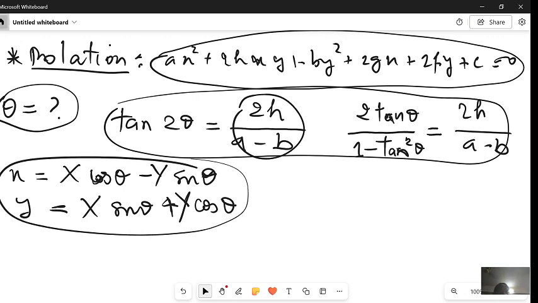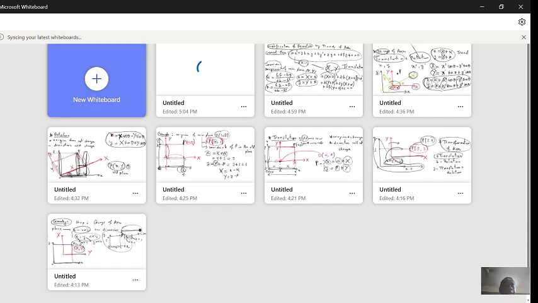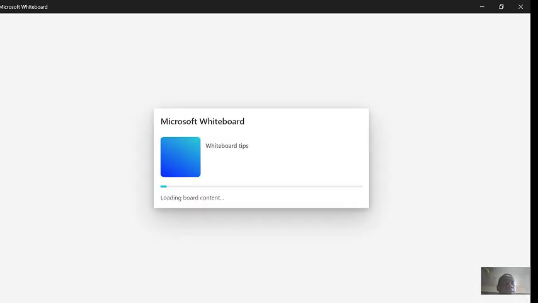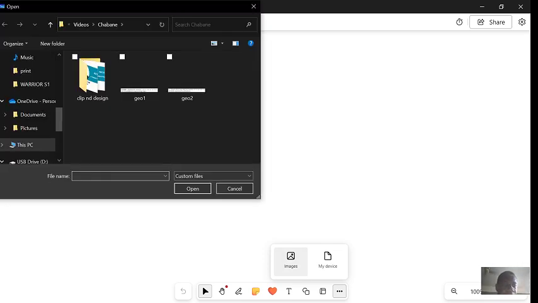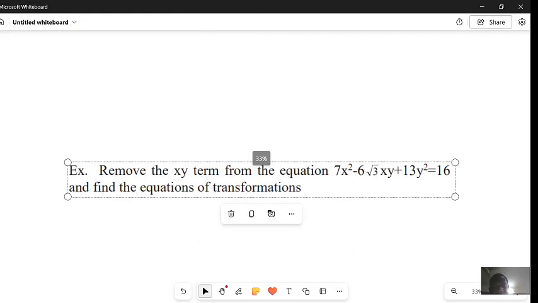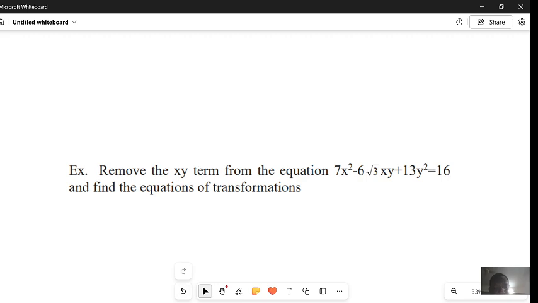Let's see an example. Now let's say, for example, in this example, I want to remove the small x and y, I mean the x and y terms in this parameter.